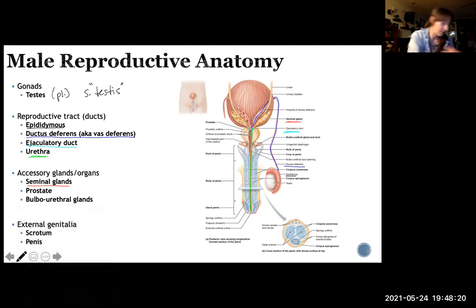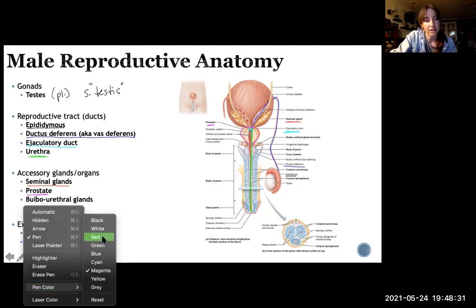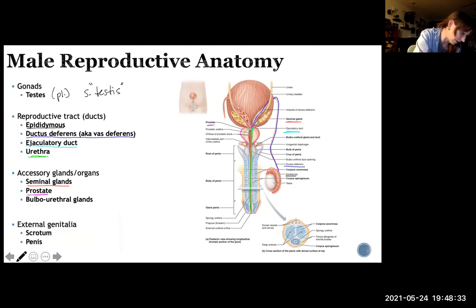And the prostate gland, which is this guy right here. Okay. And finally, let me go ahead and color code the seminal glands. Finally, the bulbourethral glands, which are here and here.